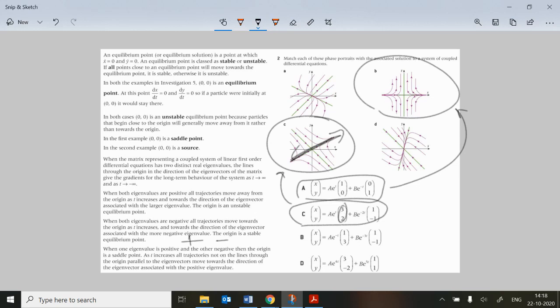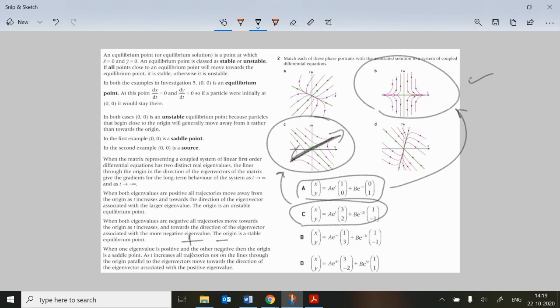The positive eigenvalue was 3, 2 there. Now, the positive eigenvalue here is 1, 0. What's 1, 0? That's talking about the x-axis. So in terms of the x-axis, where are we moving towards over time? If one eigenvalue is positive, the other is negative, then the origin is a saddle point, so it's definitely this one here. And as t increases, all trajectories not on the lines.